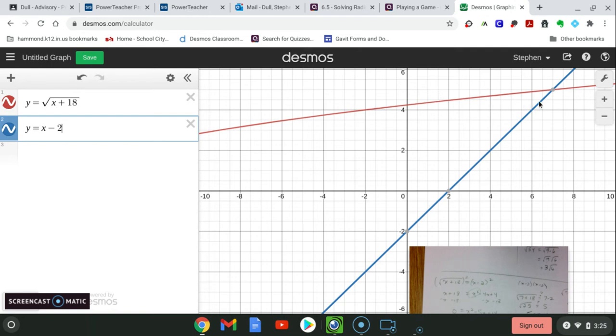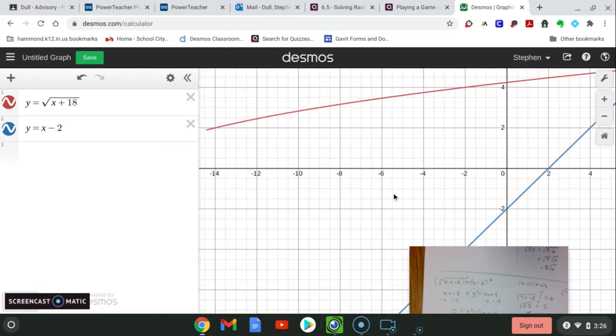So here I can see that these two curves intersect at 7, 5. So I can see at x equals 7 that they're equal, right? So that tells me that the solution x equals 7 makes sense. But over here at x equals negative 2, these lines do not intersect here. So that's a visual on my extraneous solution.